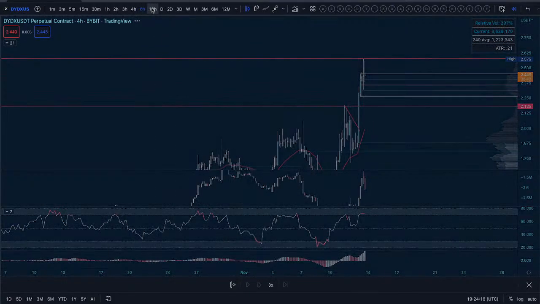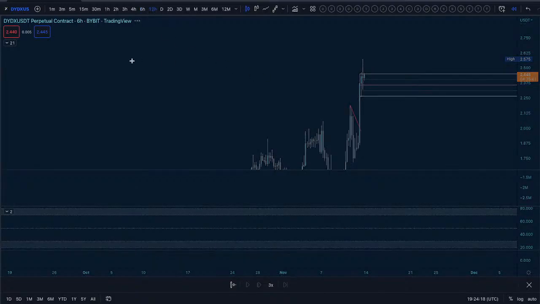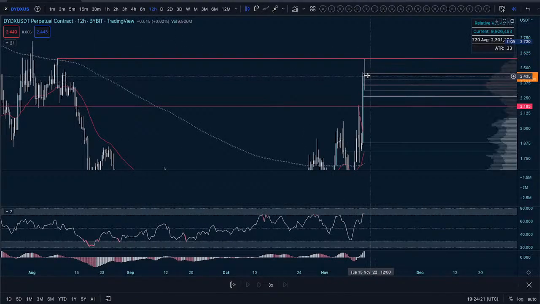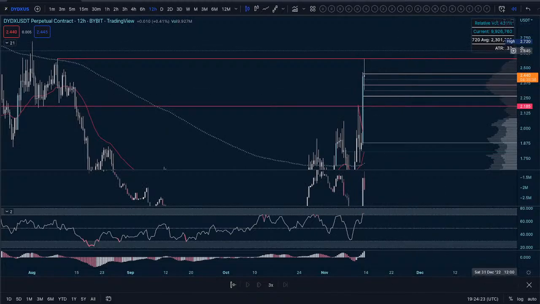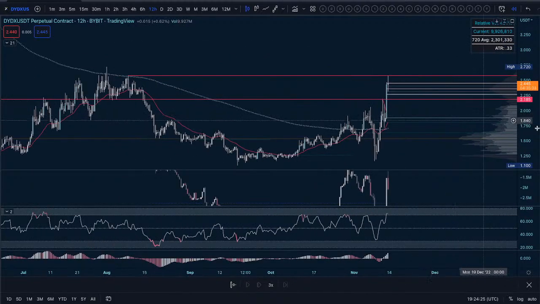Maybe after the reaction, if it takes this high out, we'll see the reaction, and then EMA wise, this is like a perfect spot to get some exposure.